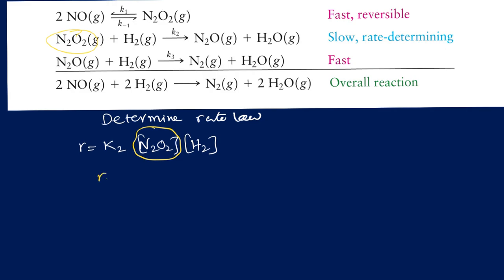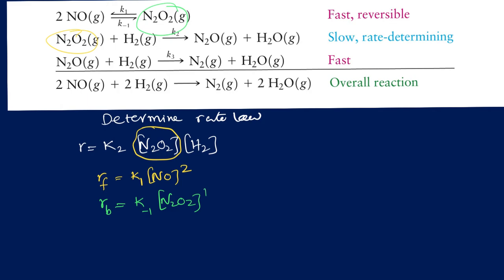the forward reaction rate is RF, that is K1 NO concentration power 2. This is the forward reaction rate. Now the backward reaction rate, and these act as a reactant. Therefore, its constant is given K minus 1 and N2O2 concentration power 1.